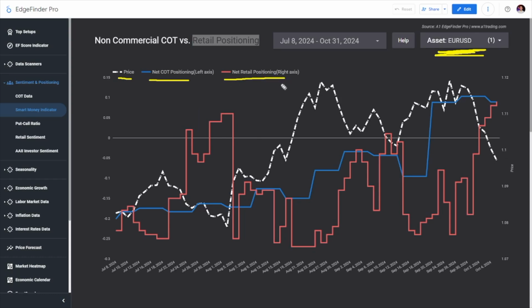This can be useful because sometimes you see some interesting divergences. For example, when institutional money is very long on something and retail traders are very short, that can sometimes be a very good bullish signal, where smart money is long, retail traders are short, and the trend can persist to the upside. So I find this to be a very fun tab to play around in.